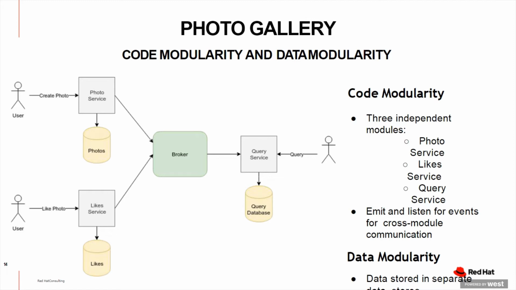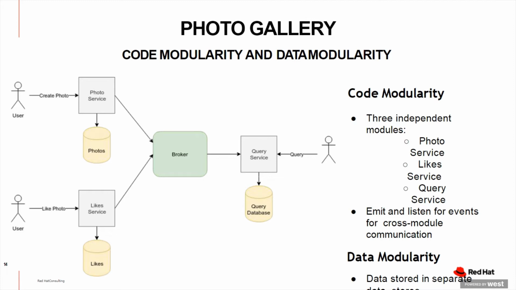We have 3 services here: a photo service, a like service, and a query service. Each of these services has a dedicated data store, and the services are communicating via the broker by sending messages. Let me walk you through a workflow where a user is creating a new photo.